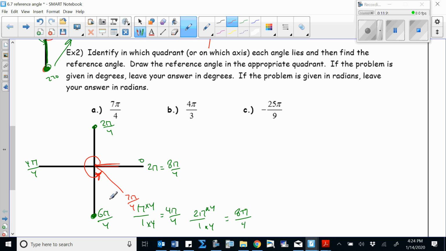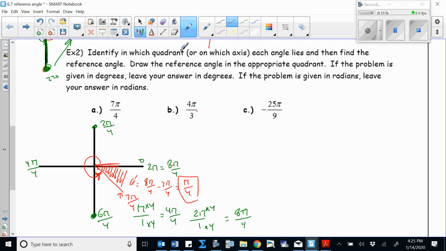Now, what is the reference angle? The distance between the terminal side, which is this one, and the x-axis, so it's here. This is my theta prime, which is 8 pi over 4 minus 7 pi over 4. So you subtract these two to get the difference between them, the distance between them. That is pi over 4. This is the reference angle.